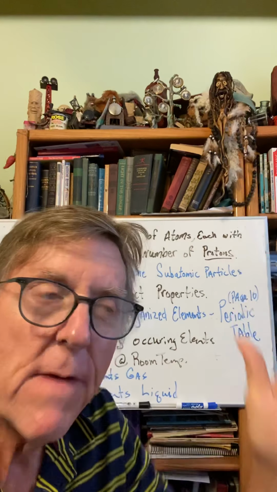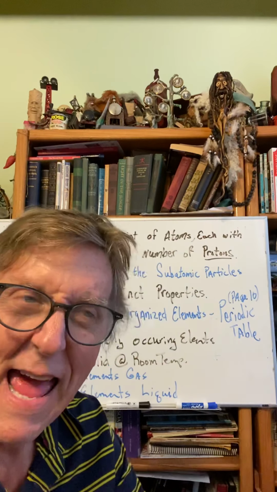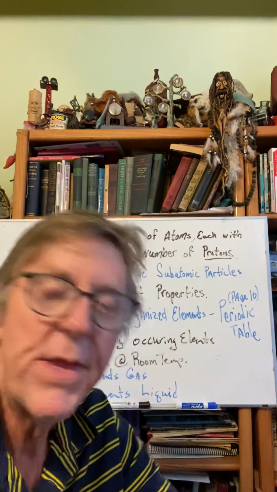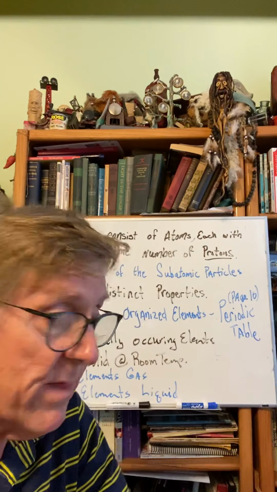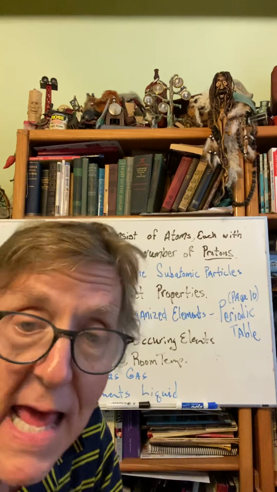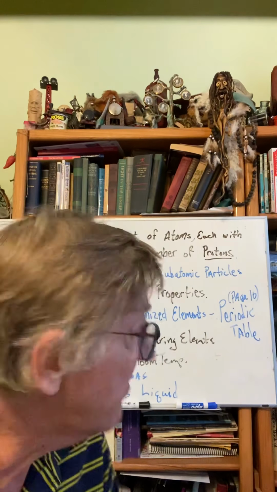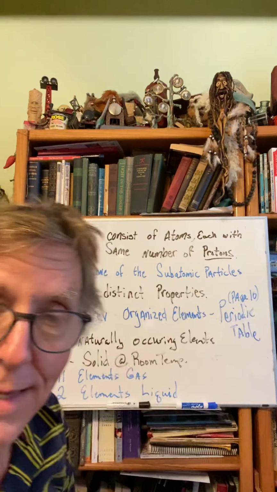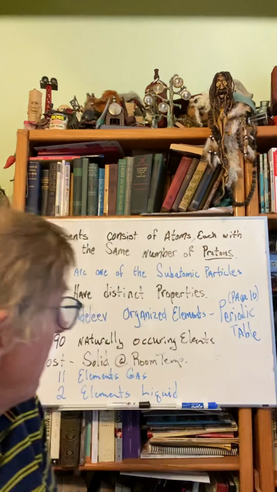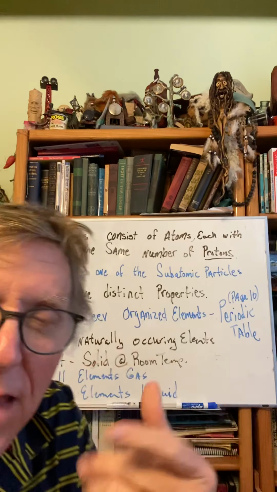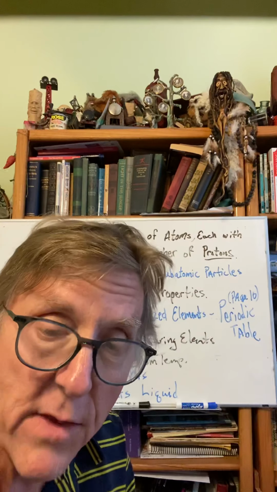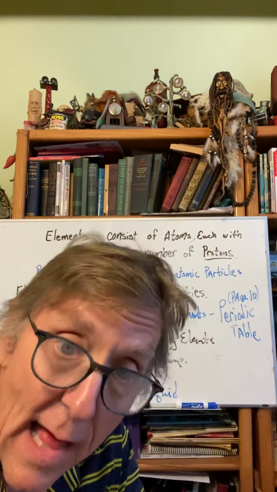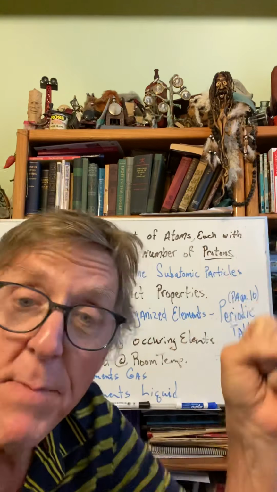So he started looking at the properties of elements and how they behave, and he came up with a chart, a table. It's called the periodic table of elements, and it's on page 10 in your textbook. It's a way of organizing all of these different elements based on how they behave.